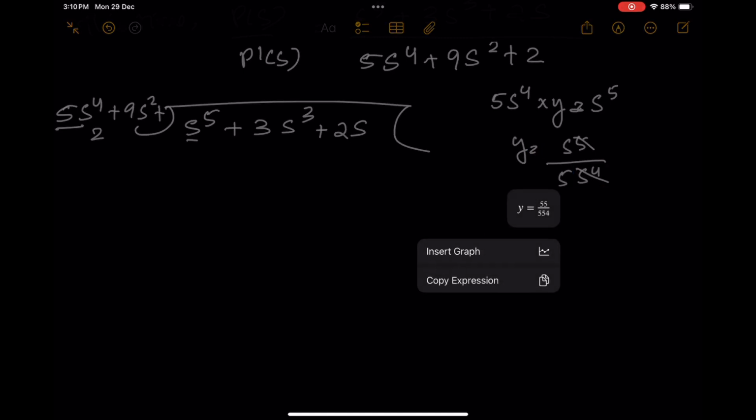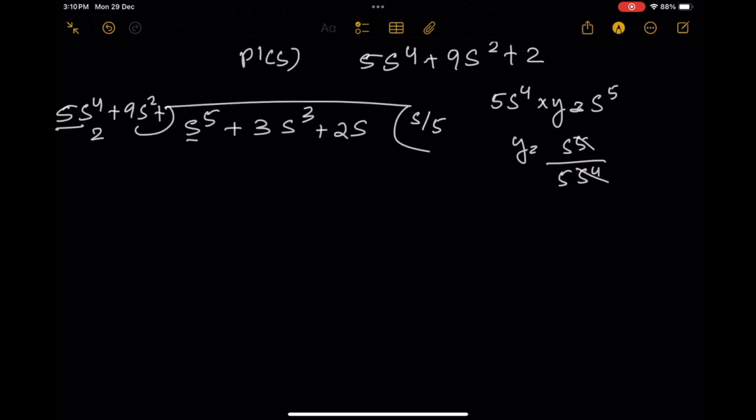We wrote s by 5, so it will be s raised to 5. Then doing multiplication, 9s square into s by 5, we'll get 9 by 5 s cube, plus 2 into s by 5 will give you 2 by 5 s.